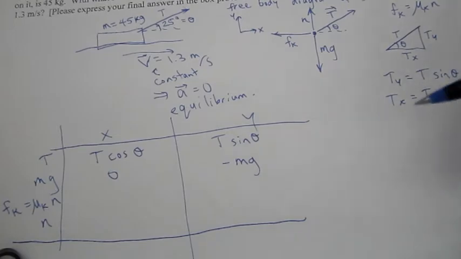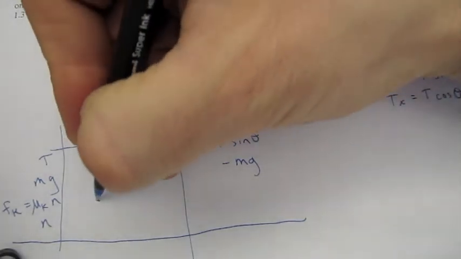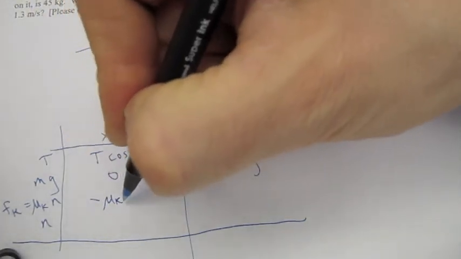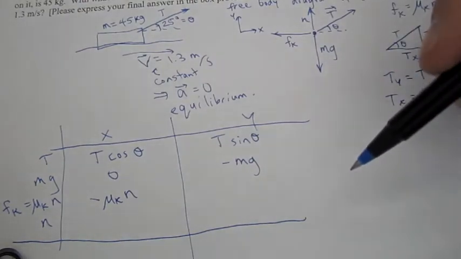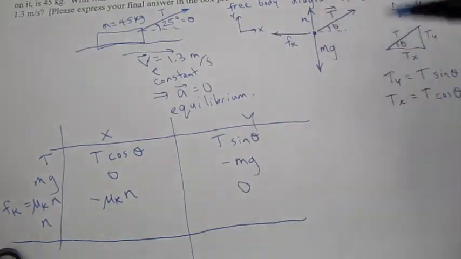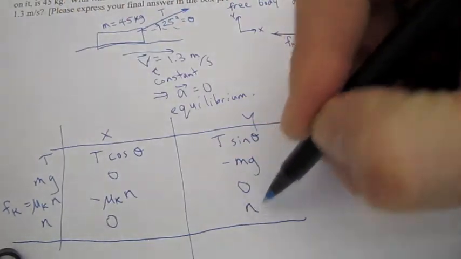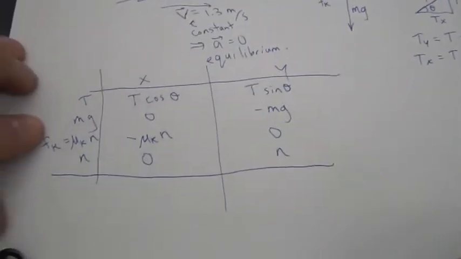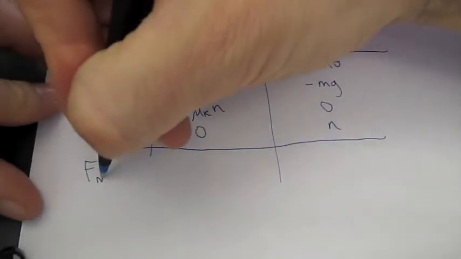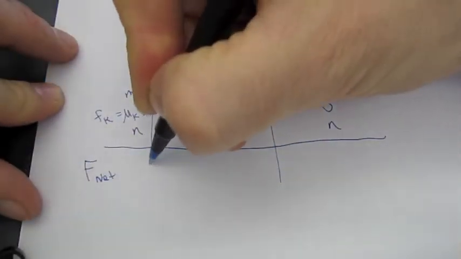As for kinetic friction, it's acting in the negative x direction, so it's negative mu sub k times n, and there's 0 y component. And the normal force is just acting up, so it's got 0 x component, and it's acting up like that.